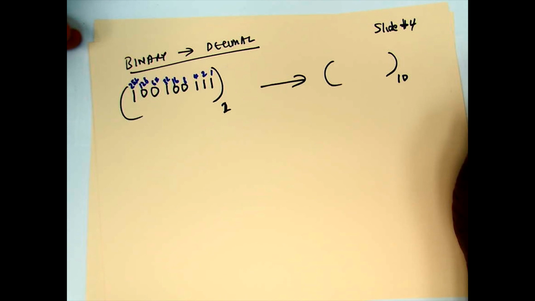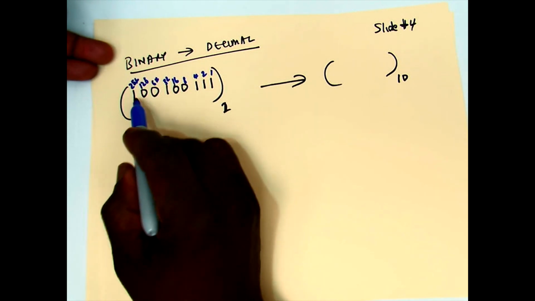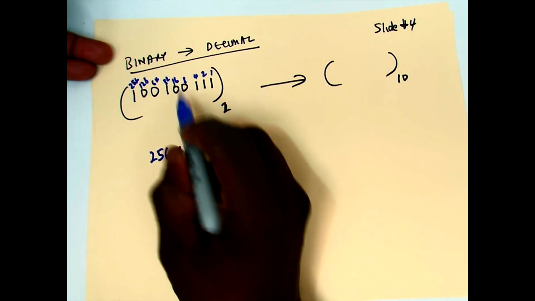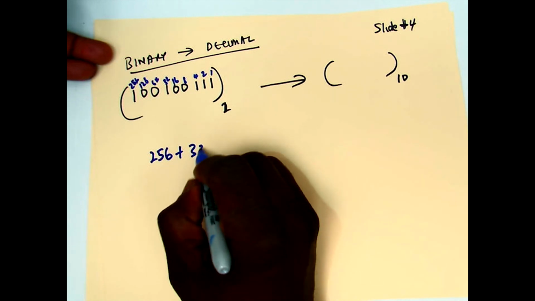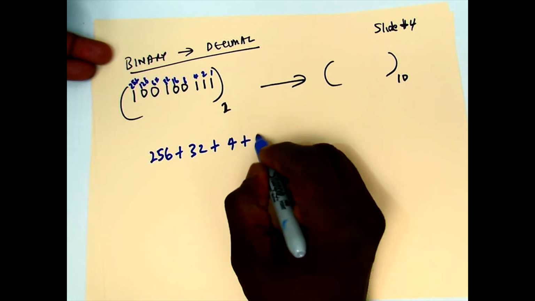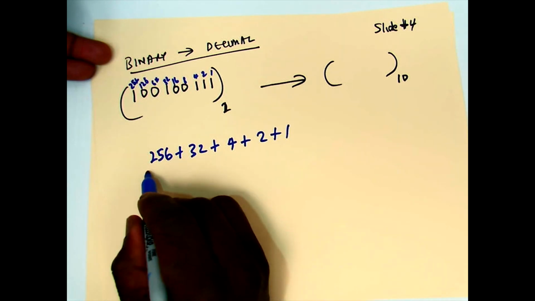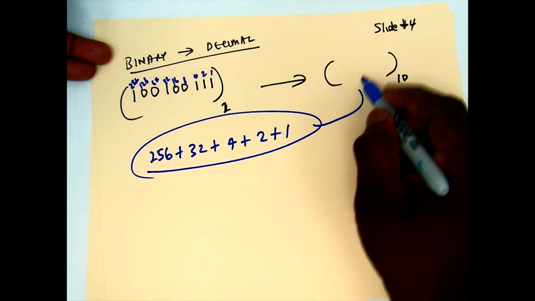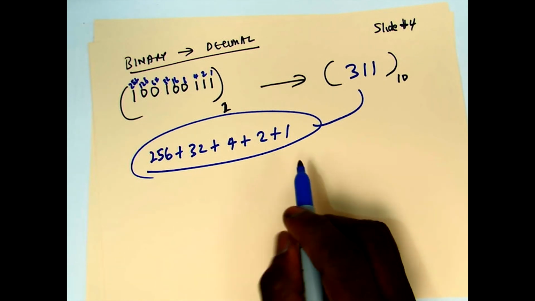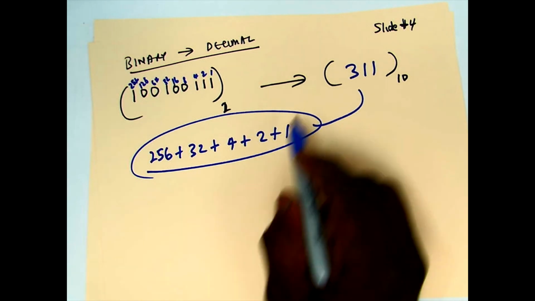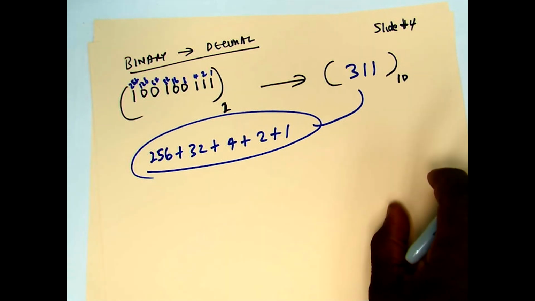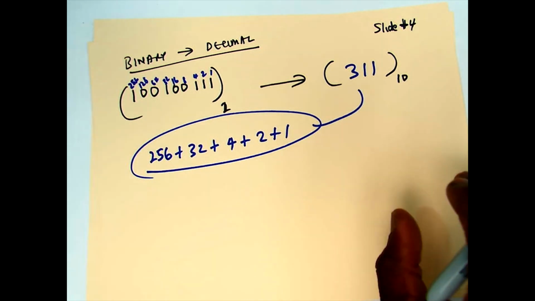I plug them on top of it, and I only add the ones that are there. 256 is there, plus 32 is there, plus 4 is there, plus 2 is there, plus 1 is there. If our arithmetic is correct, we should get 311. So you can see that it's so easy to go from decimal to binary and binary to decimal.